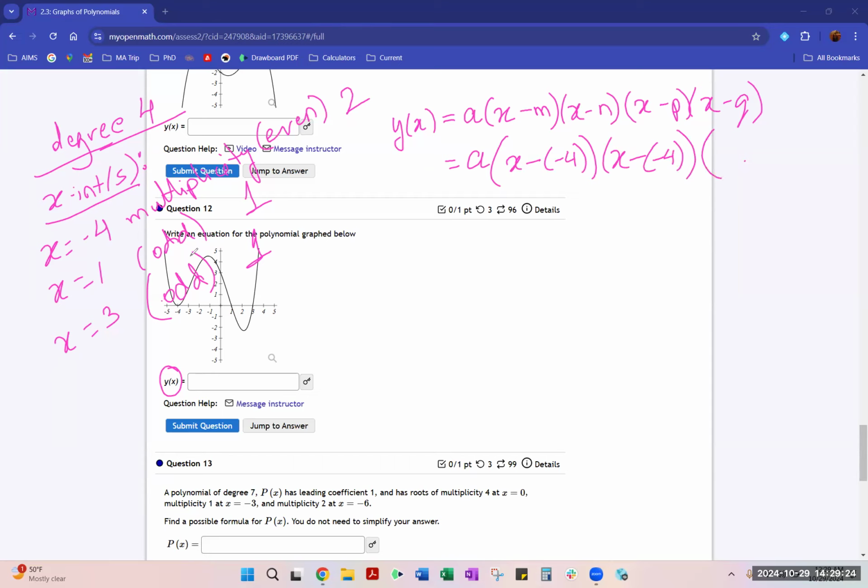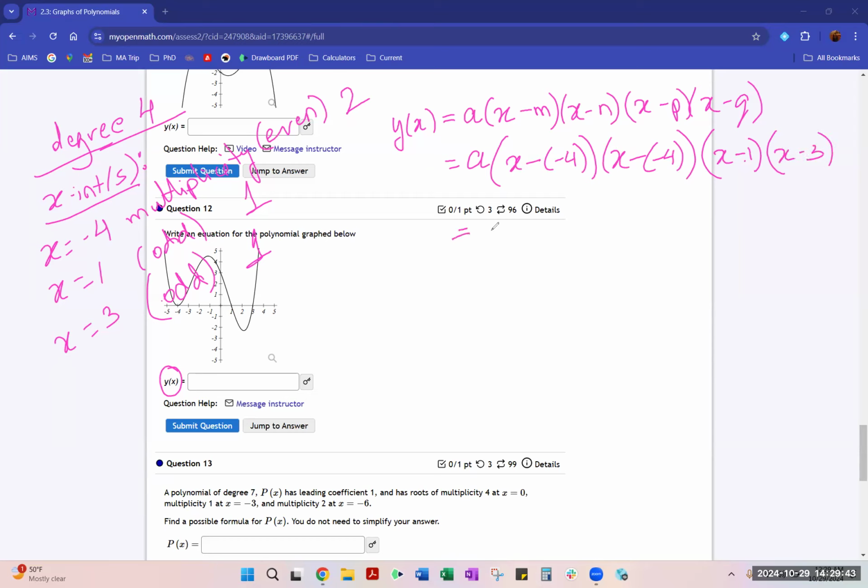Then x equals 1 has a multiplicity of an odd number, which is 1 in this case. So that will be our next factor, x minus 1. And then the last one is for x equals 3, which also has a multiplicity 1, so it only occurs once. And that factor will be x minus 3.